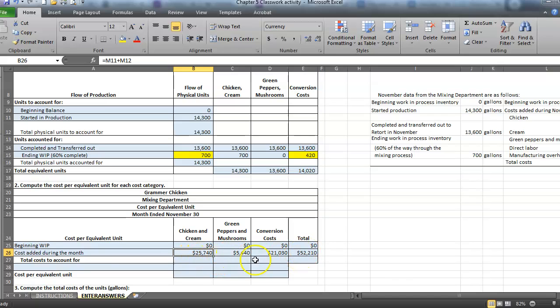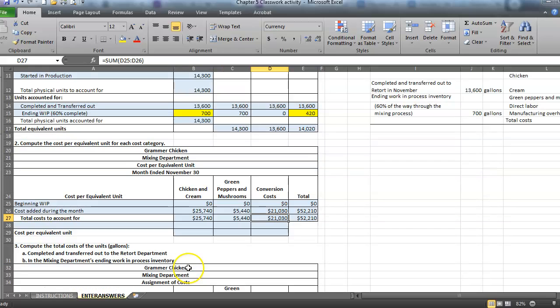Now I'm going to run a total, and that's going to give me my total cost to account for. And here we are. We have our 25,700 for chicken and cream, 5,000 for our green peppers and mushrooms, and 21,000 for our conversion costs.